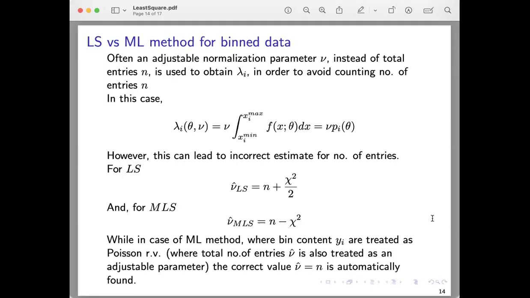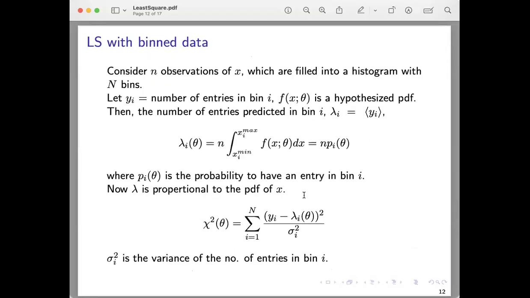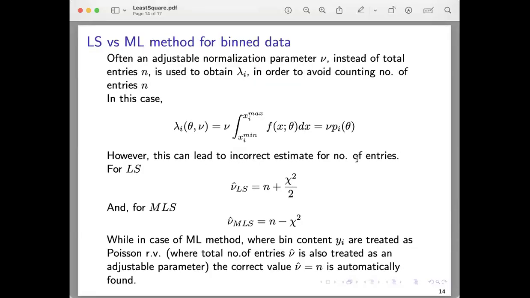You have to keep in mind that when you do this binned likelihood fit, the fit to the histogram, sometimes instead of n total in this expression of lambda, you use a normalization parameter mu instead of the total entries n.